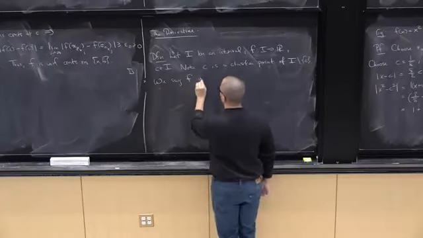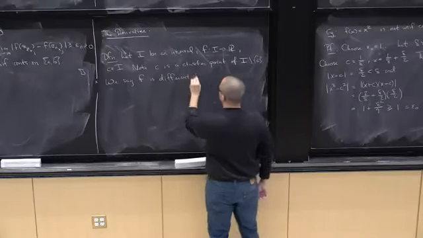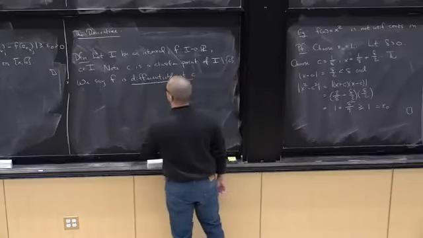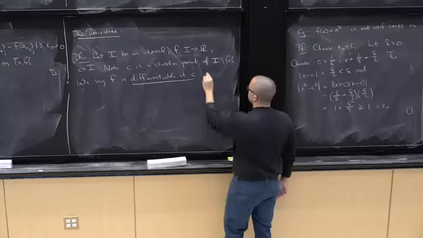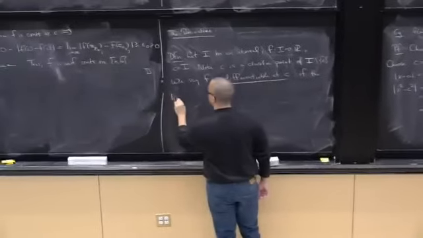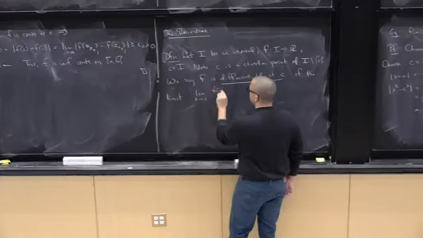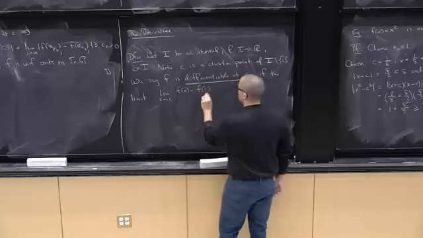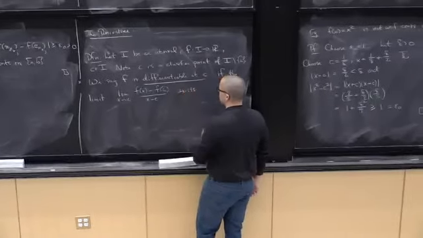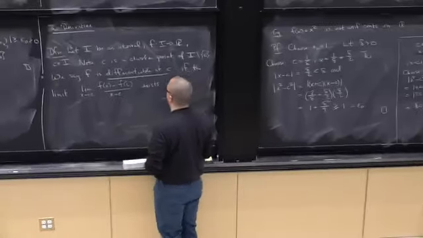You say f is differentiable at c. So this is the new bit of terminology. If the limit as x goes to c of f of x minus f of c over x minus c exists, okay, if this limit exists, we say the function is differentiable at c.